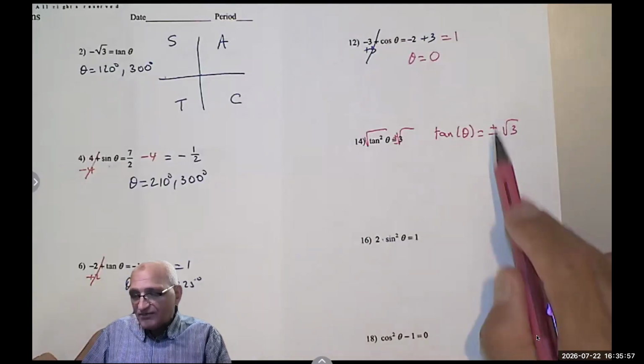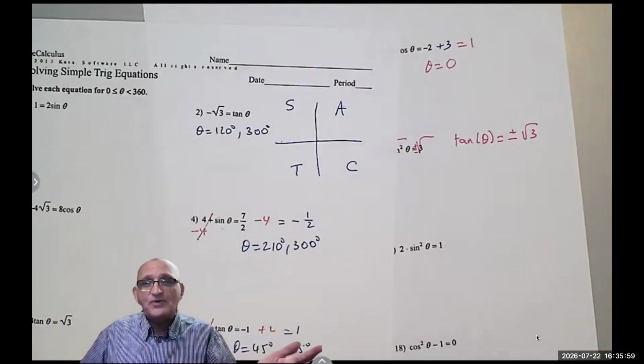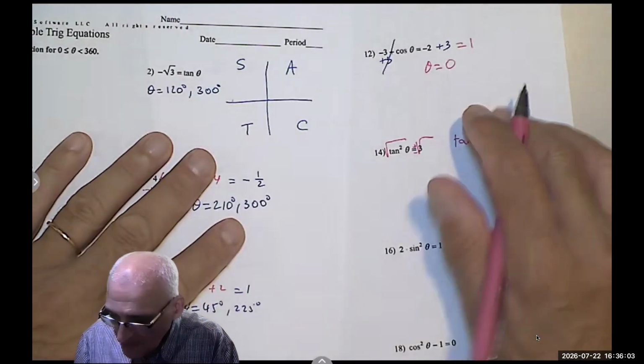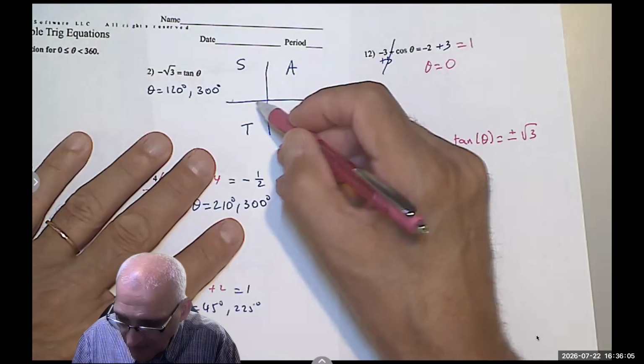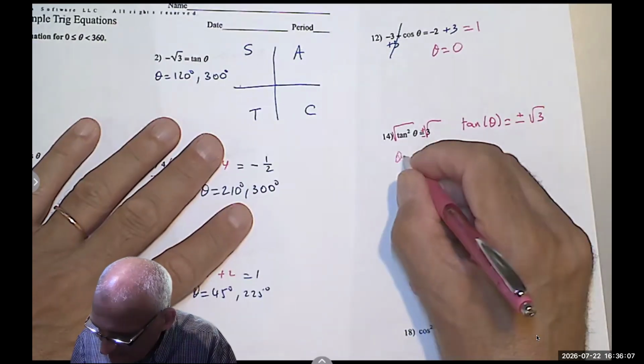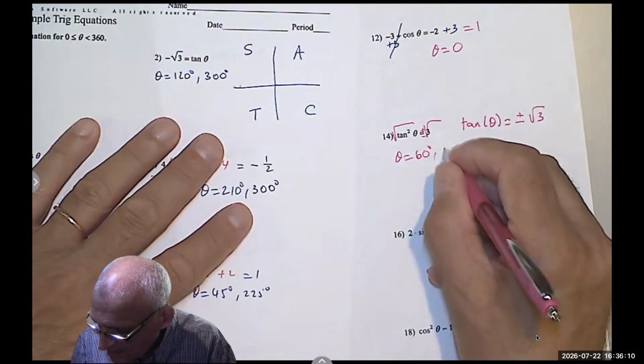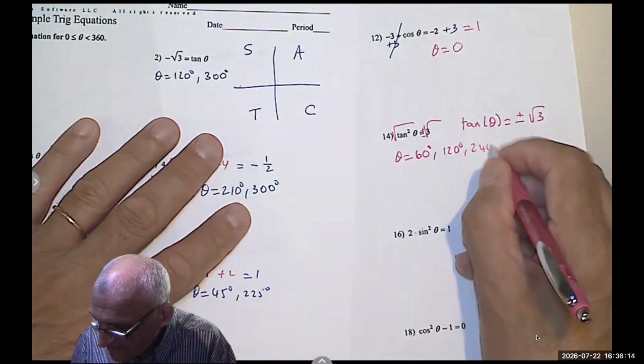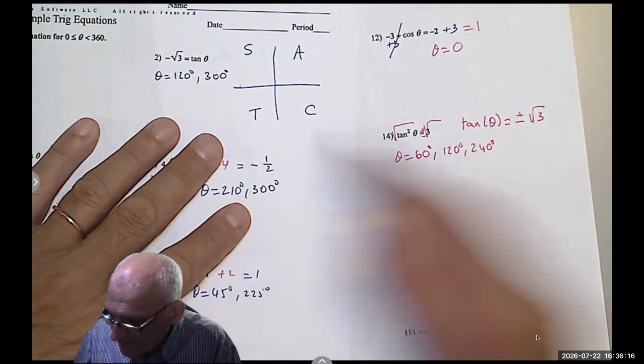But it could be positive or negative, meaning it can be anywhere. So it could be 60, or 180 minus 60, which is 120, or 180 plus 60, or 360 minus 60.